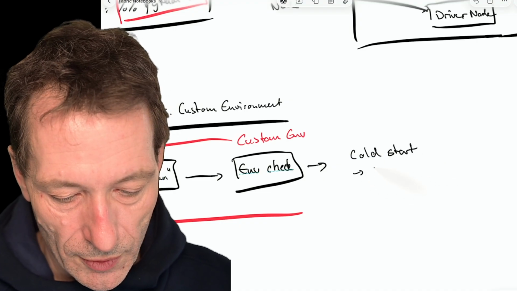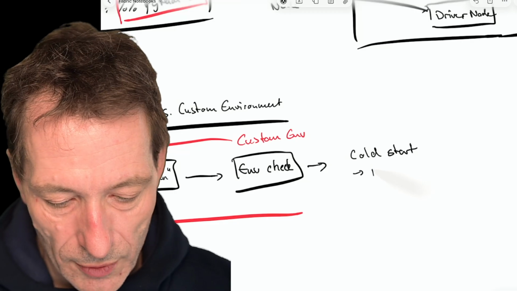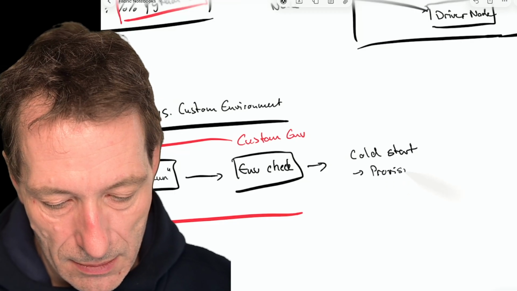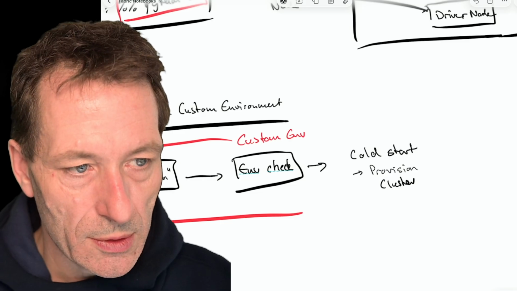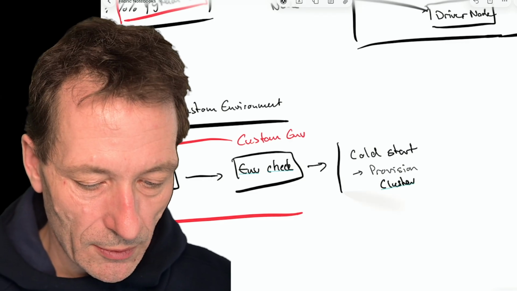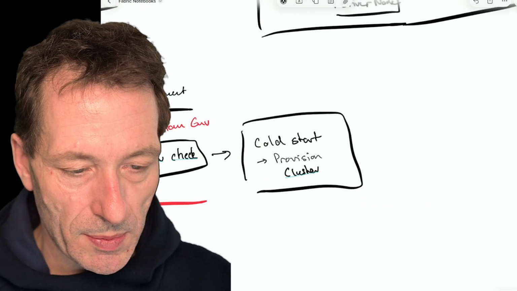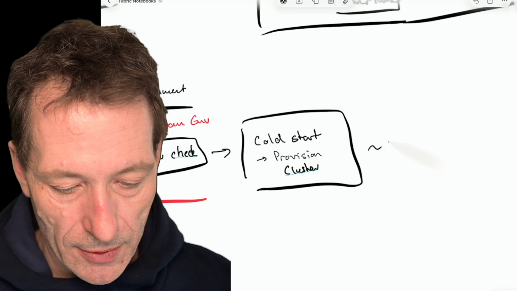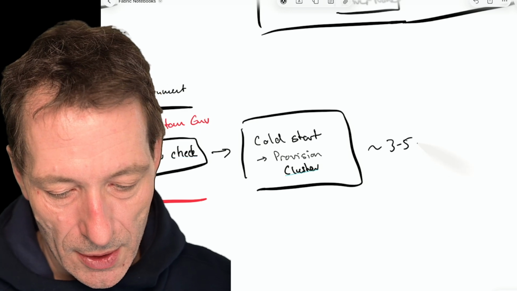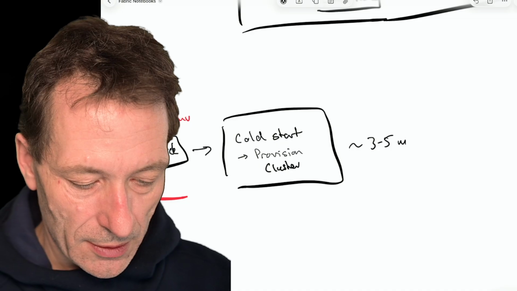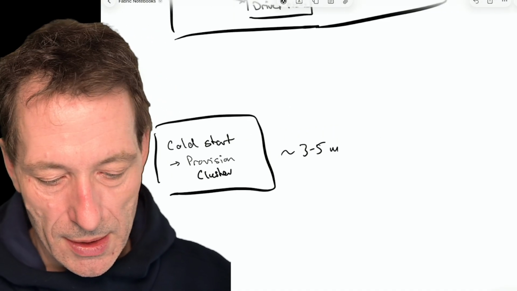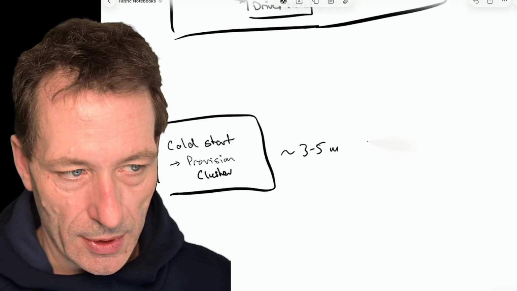You need to provision, or Fabric needs to provision the cluster. This is some kind of work. Even in a Fabric world, you can expect roughly 3 to 5 minutes for that. After that, you will typically run something with custom libraries.